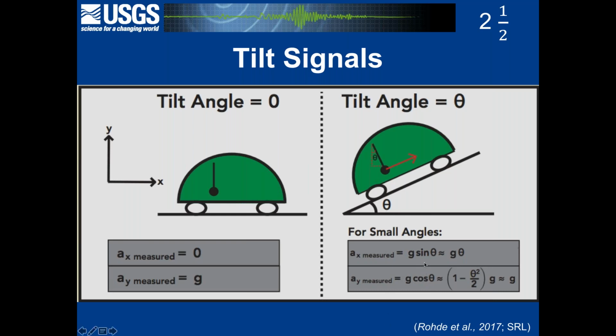But if you assume a small angle approximation here, so we're talking maybe microradians of tilt, essentially the vertical component doesn't see this small change in g cosine theta, whereas the horizontal components observe an apparent very large acceleration. So basically tilting the instrument like this looks like a very strong horizontal acceleration.